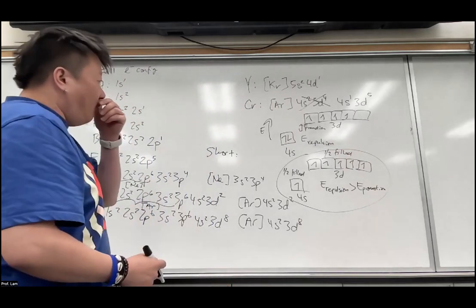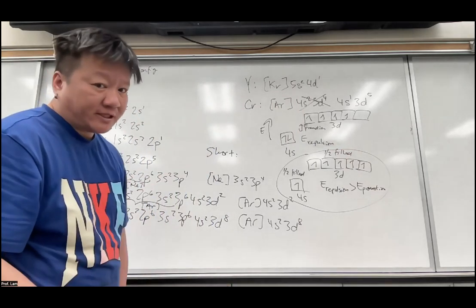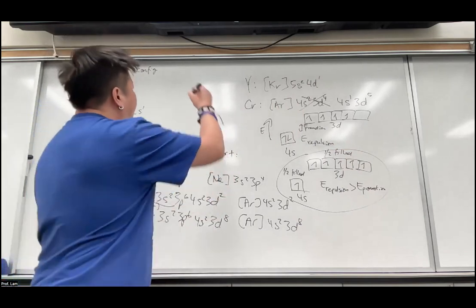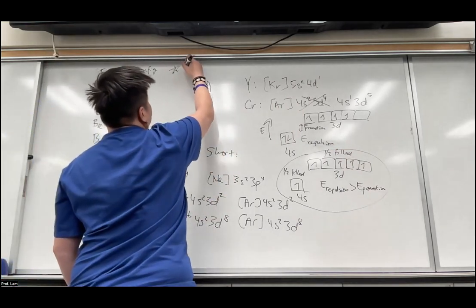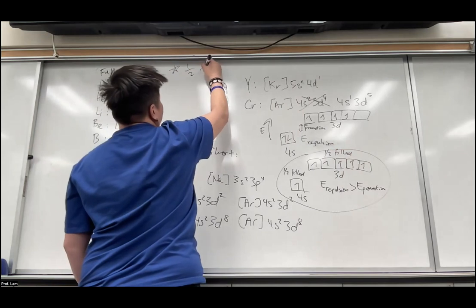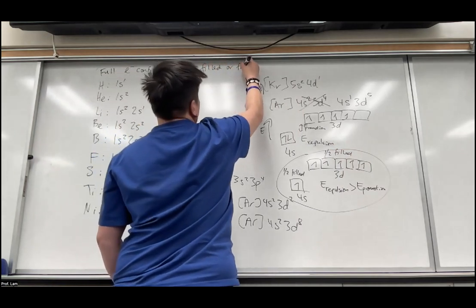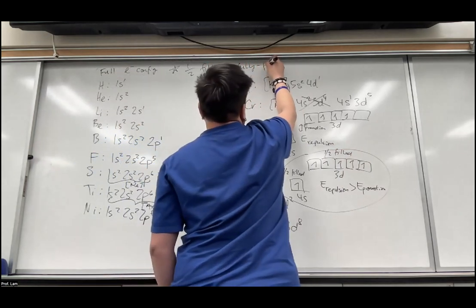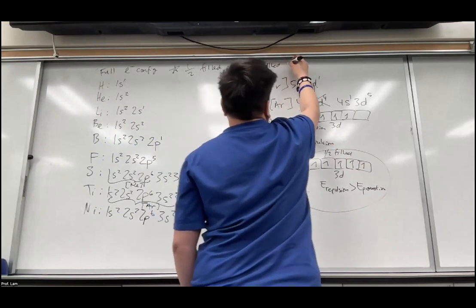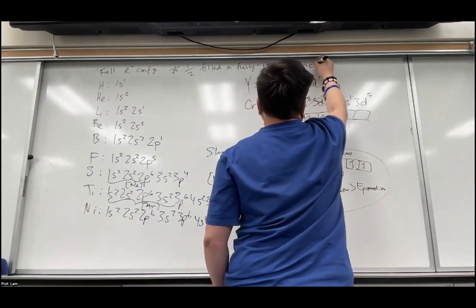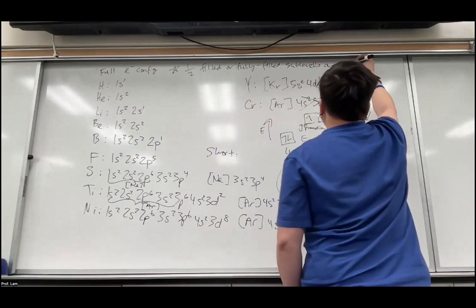Okay, so this is going to become our rule now. That's the exception: whenever you can have half-filled or fully filled sublevels, they are preferred.